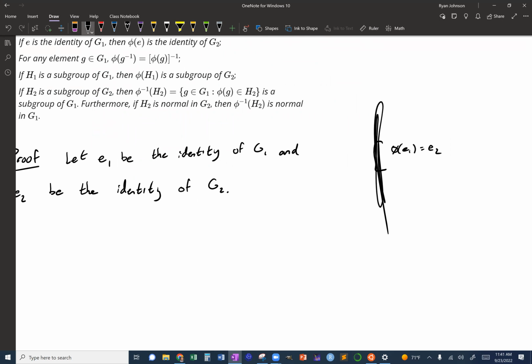I could say phi of E1 times E1, and that's like E2 times E2. And then this is a homomorphism, so it's phi of E1 times phi of E1. No, that's not doing anything for me.